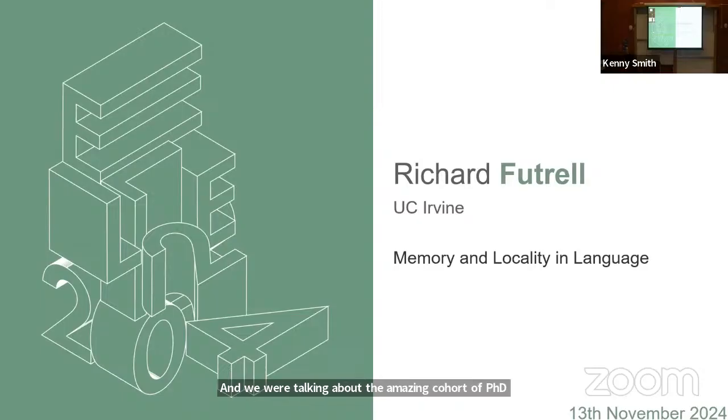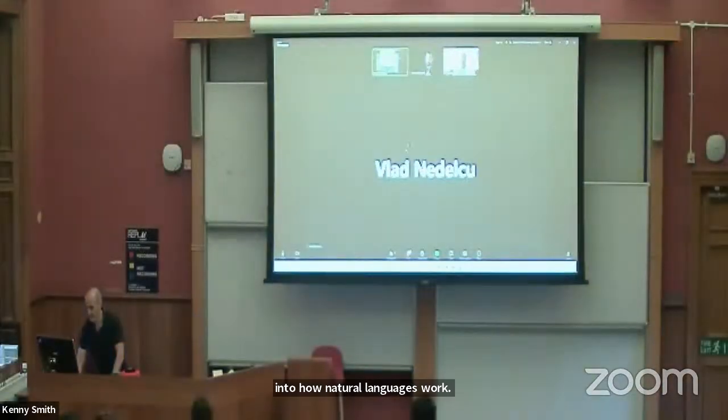And so Ted's summary of Richard was that he has profound insights into natural language that you only really get if you have a deep and thorough understanding of the maths of information theory. I think I've seen some of the stuff that Richard's going to talk about today, and I think that's a very nice summary of the kind of work he does and the kind of work he's going to tell us about today that offers profound insights into how natural languages work. Okay, so I'm going to hand over to Richard now. And Richard, if you want to go ahead and share your screen.